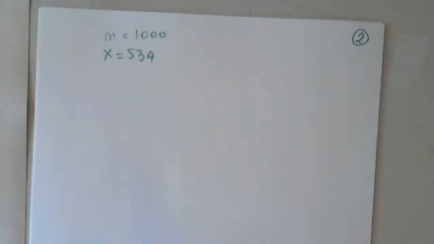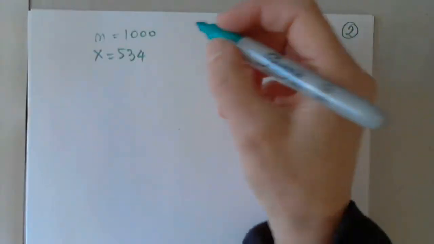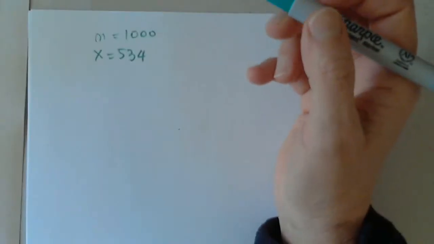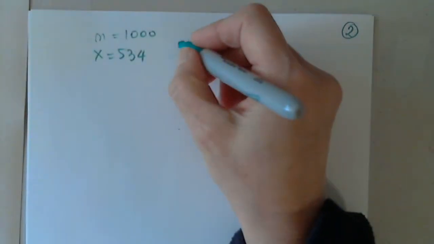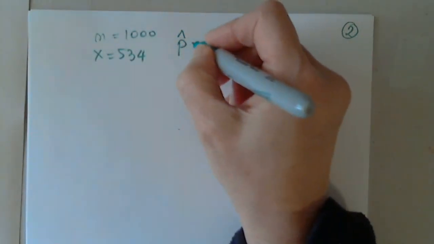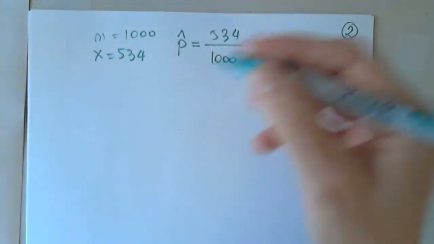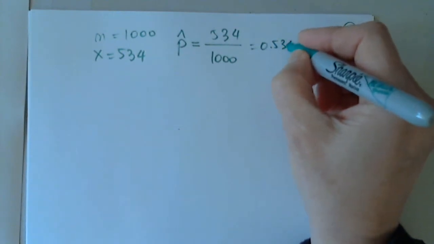Kind of confusing for a moment. Let's think about it. I have the number of people who said yes out of 1,000. I can immediately determine p hat. So p hat is 534 divided by 1,000, about 0.534.